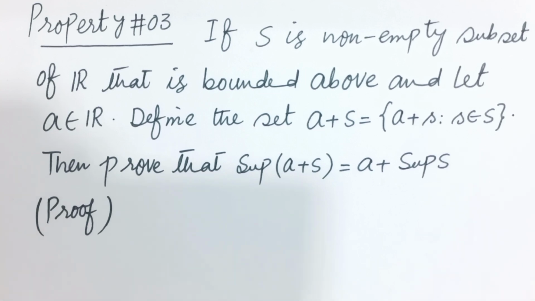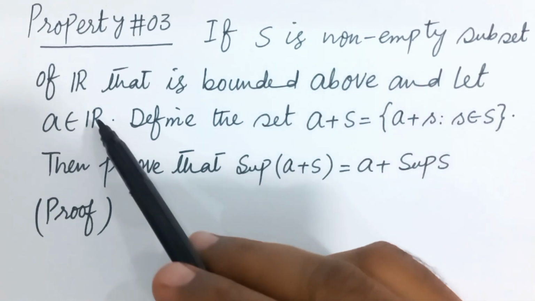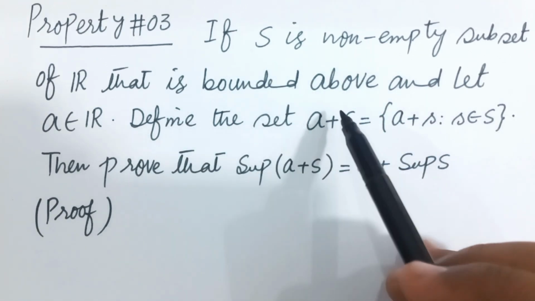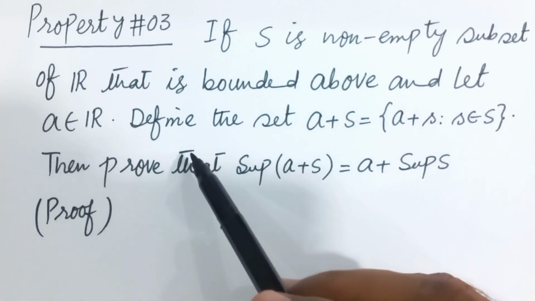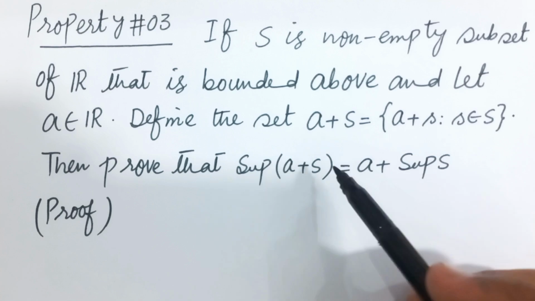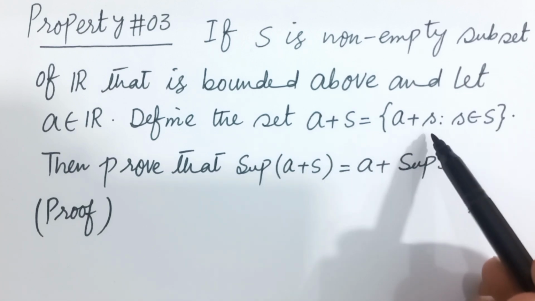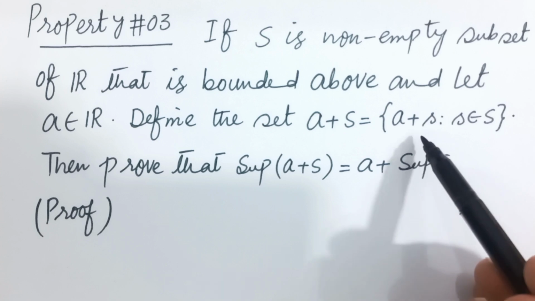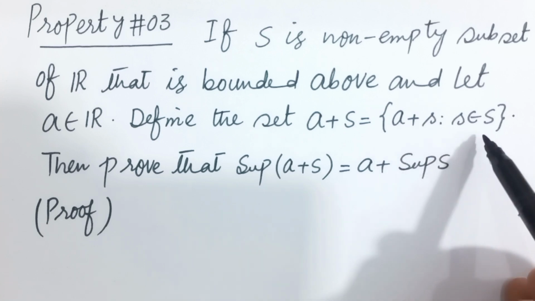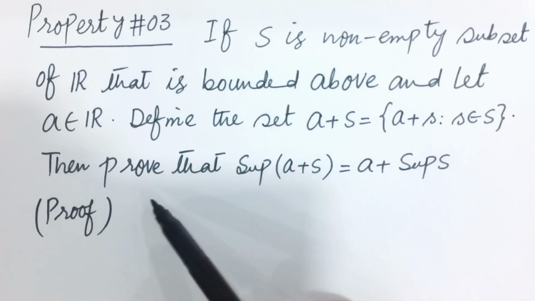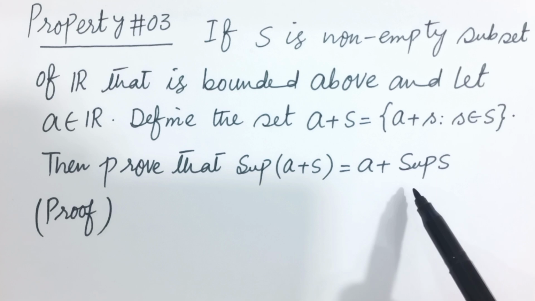In this property, the statement is: if S is a non-empty subset of R that is bounded above, and let A be any real number, define a new set A plus S, which is formed by adding A to the elements of set S. We have to show that supremum of the set A plus S is equal to A plus supremum of S.